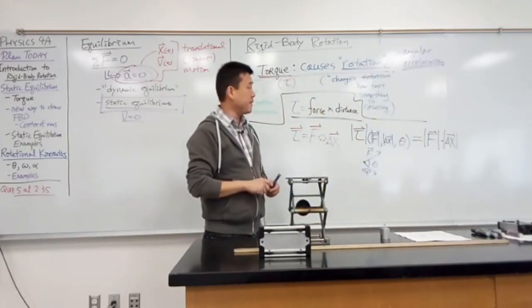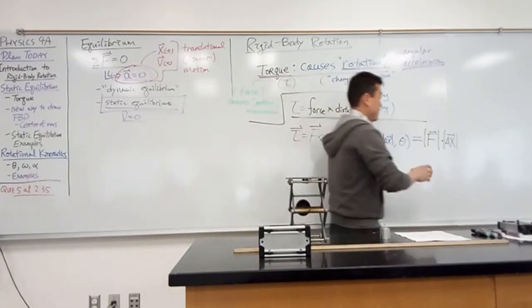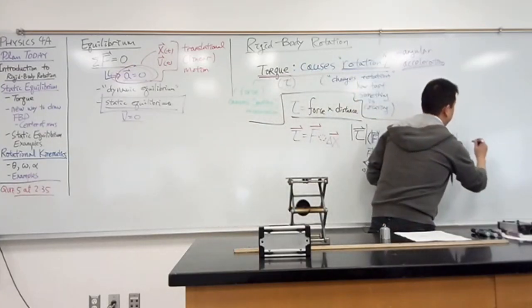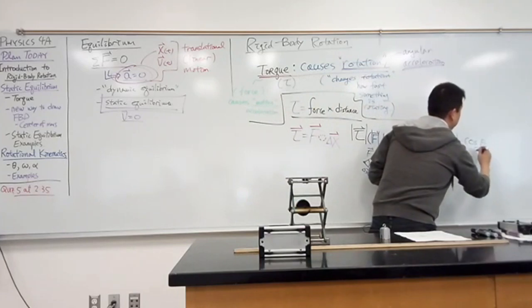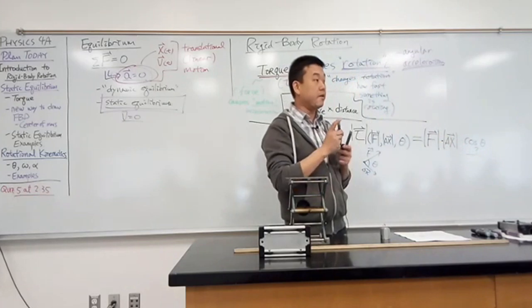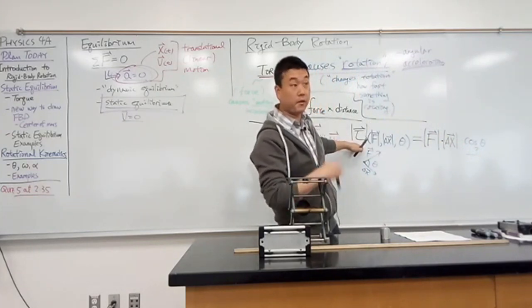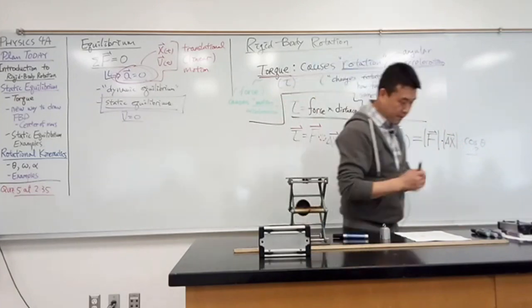Now what I want to look at is how it depends on this angle. Because if it was something like cosine theta, then it might as well be work. That was work. And we'll see how, for a torque, even when you just look at the magnitude, it'll be different from work. So let me play with this a little bit.